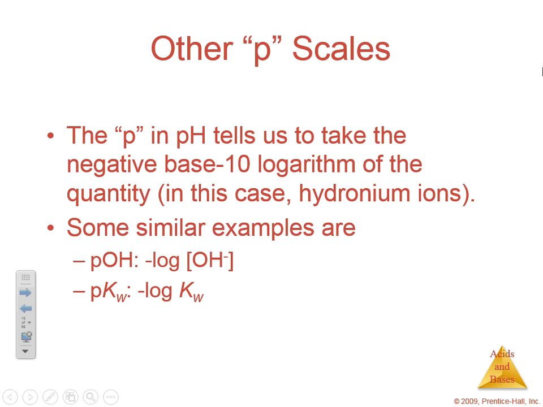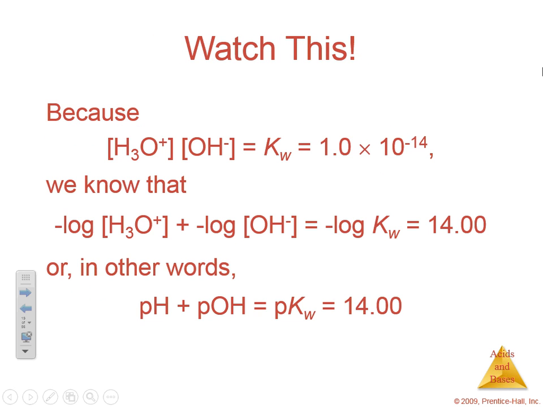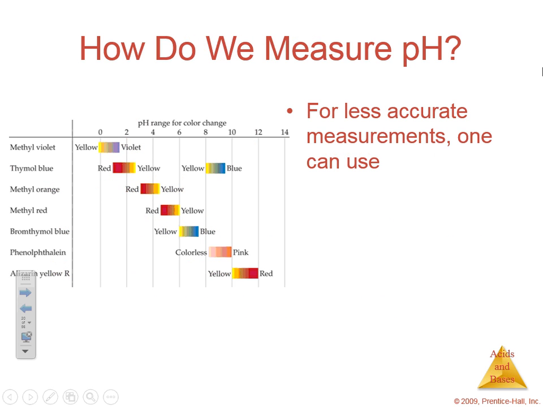So if we have pOH, we solve for the negative log of the OH- concentration. If we have pKw, pKa, or pKb, you solve for the negative log of Kw, Ka, or Kb. We know that pKw is 14. We've proved that.